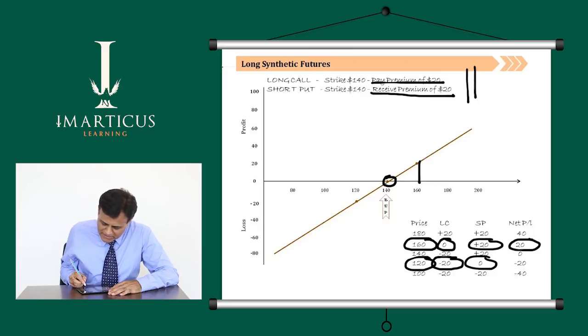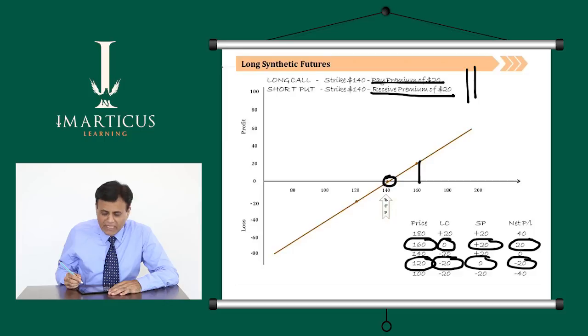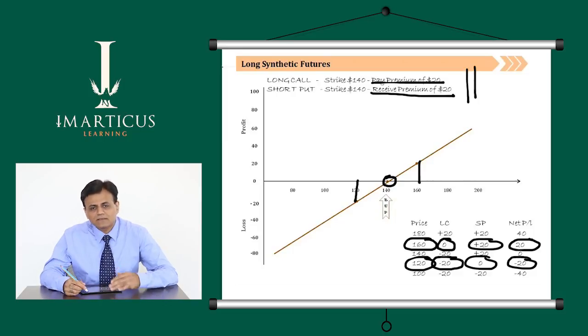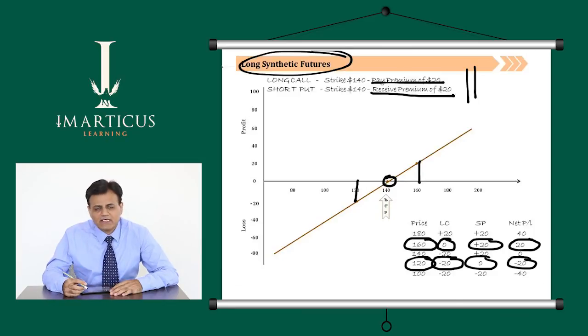This means that if the crude prices were to fall to $120, we would be at a net loss of $20. This particular strategy mimics the payoff of a futures contract, hence it is called the synthetic futures.